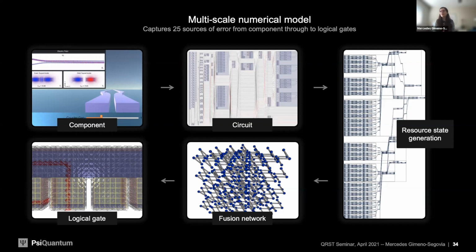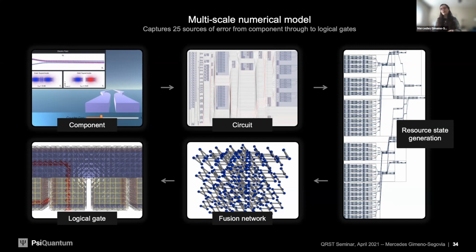At PsyQuantum, we have an applications team that does the top end of the stack. Here I've stopped at logical gates, but we have a team that can take a quantum chemistry algorithm, for example, break it down into primitives, and do compilation.